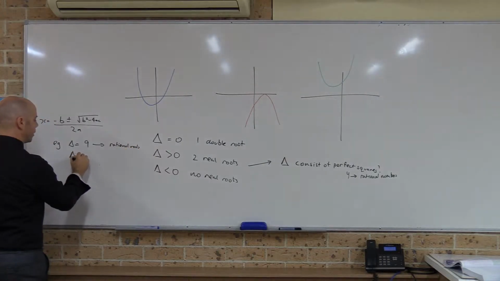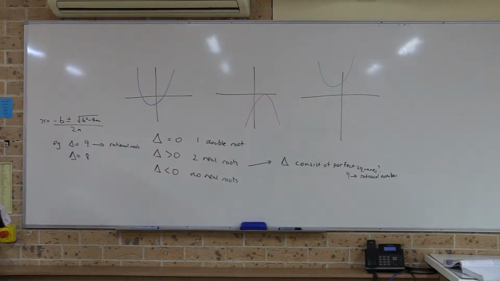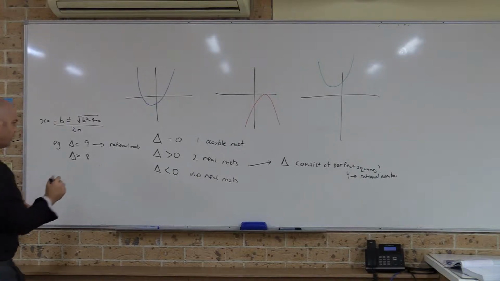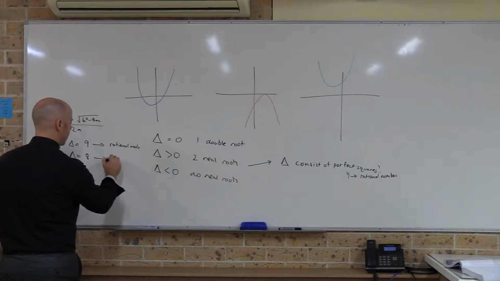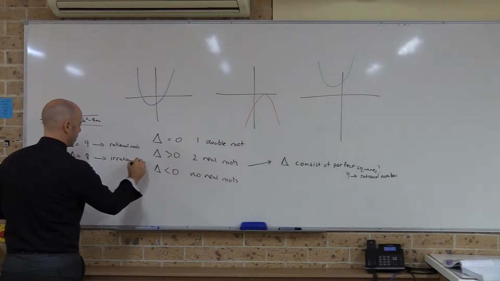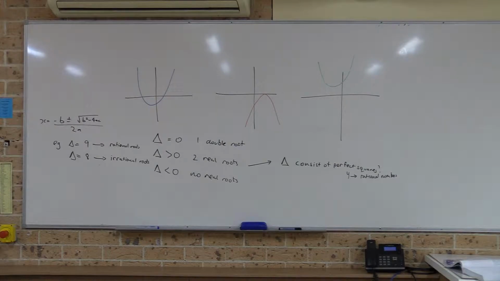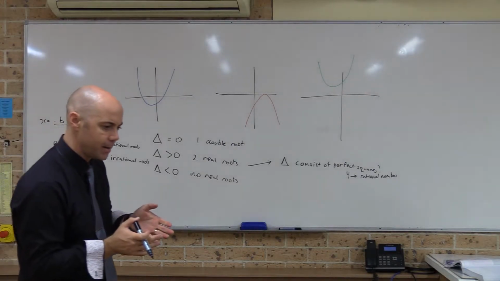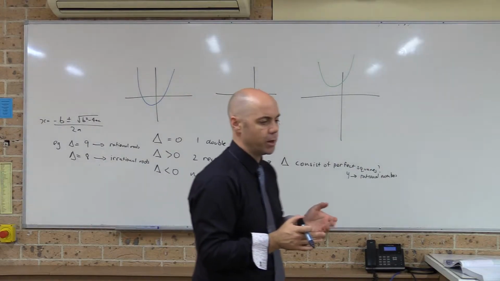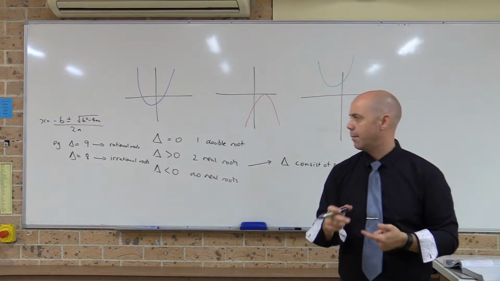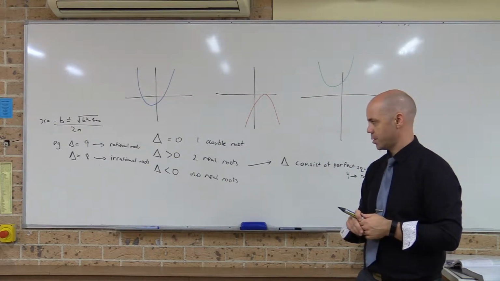But if I found that my discriminant equals 8, when I take a square root of 8, the answer is 2 root 2. They're not going to give me rational answers, they're going to be irrational roots. Okay, so if we know that what's inside that square root is a perfect square, then we can say something more about the roots, that they are rational.